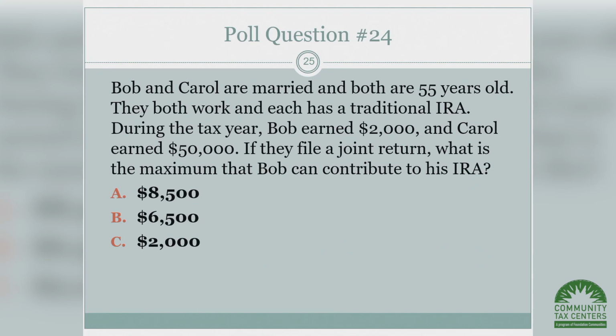Question? Did I hear a question? So if you're filing a joint return, isn't he eligible to claim the higher, like 6,500? No, it's the taxpayer's compensation. Okay, well, maybe this will make it a little clearer to you. Let's look at the next poll question.